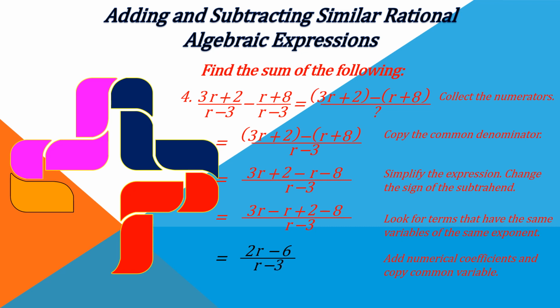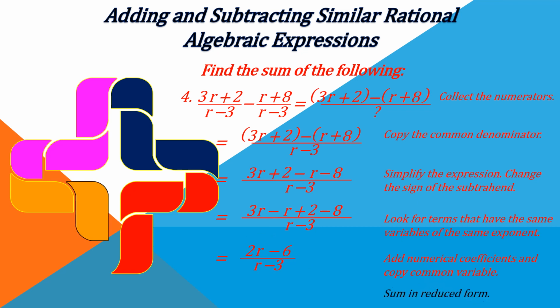And since the numerator can be factored by r minus 3, we have to simplify the expression, which is equal to 2 multiplied by r minus 3 all over r minus 3, cancel r minus 3, and the final answer is equal to 2.